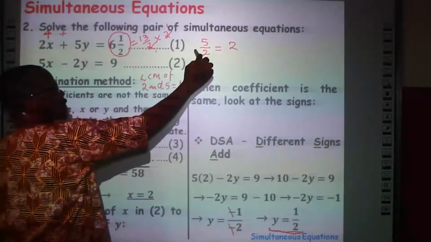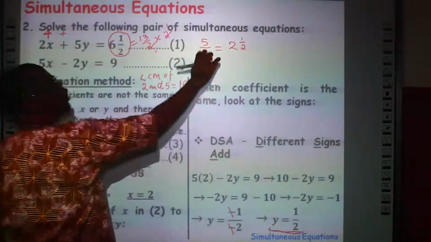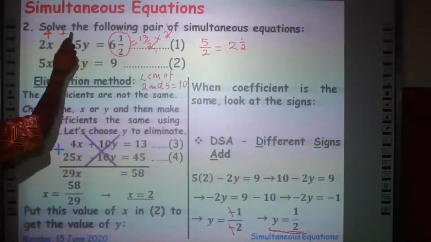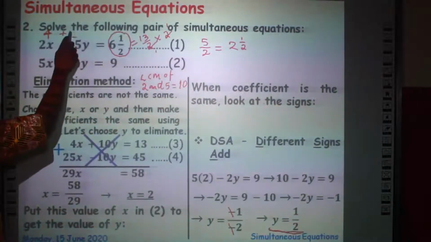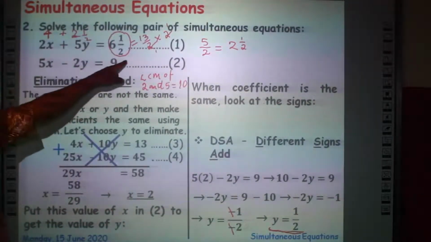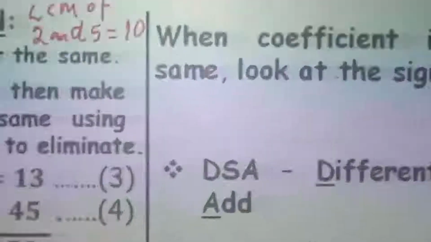To change an improper fraction to a mixed number, that's 2.5. Because 2 goes in 5 just twice, remaining 1. So 4 plus 2.5 gives you 6.5, which is correct for the first equation. Now let's just try if it will be correct for the second equation. If it is, then undoubtedly these will be the values.